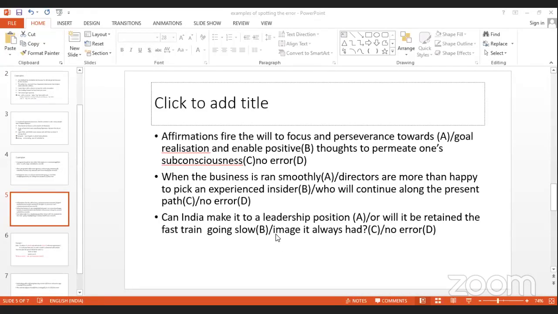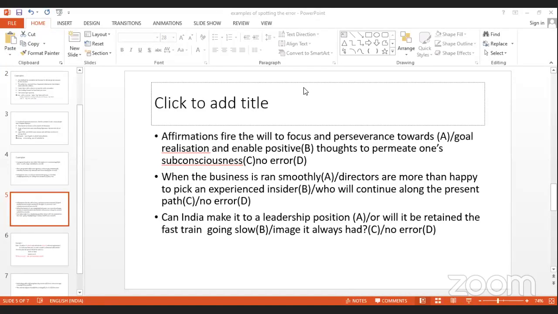So where is C? India, will it be retained the fast train going slow image it always had? Where is the mistake over here? You all are correct, C, yes, but where is it? I think Ansh answered it: always had.